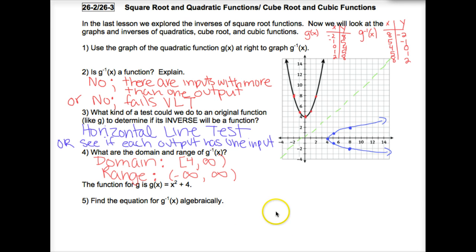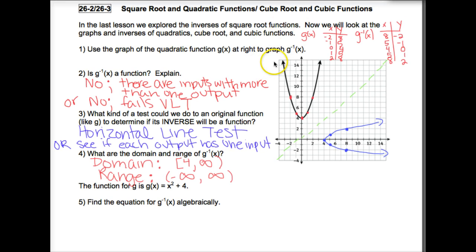So go ahead, again, take a minute or so to work through those algebraic steps of finding an inverse. Remember, first you put y in for the function notation, then you switch the x and the y, then you solve for y, and then you put your inverse notation back in. So please take the next 1 or 2 minutes to go ahead and work through those steps here.